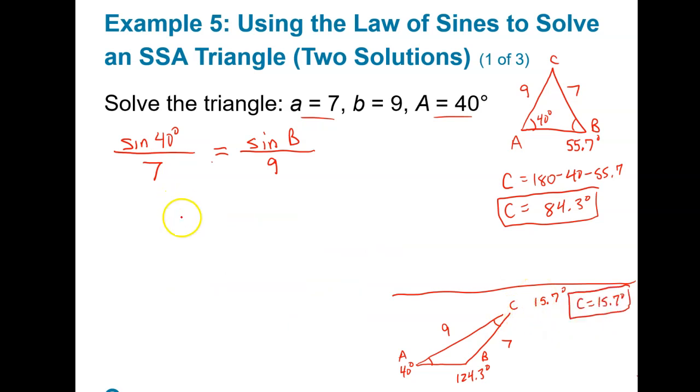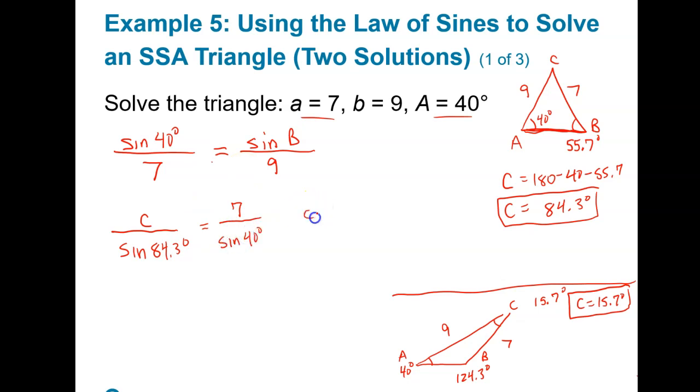All right, now we set up our law of sines to find side length C down here. All right, we know A, we know B, now we need to know side length C. So little c is to the sine of this, again, is the top one, 84.3 degrees, as little a, again, the pair that I was given was 7, and the sine of 40.